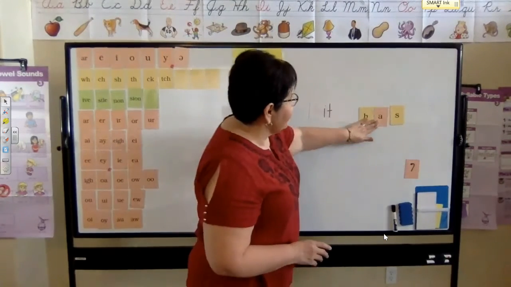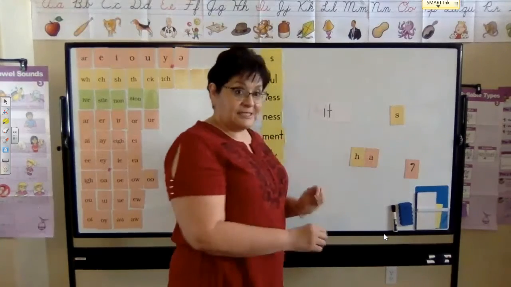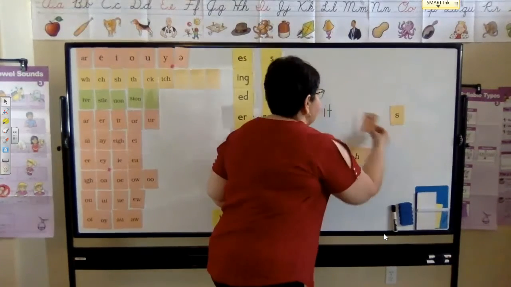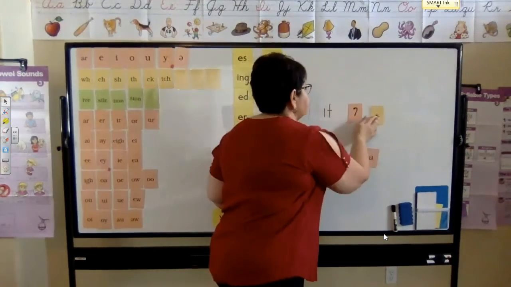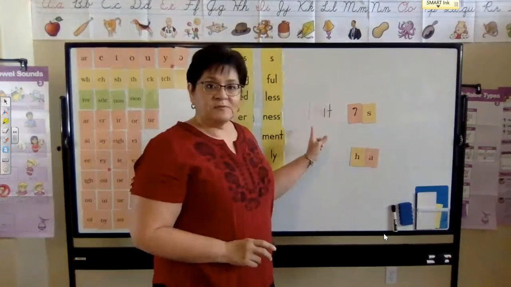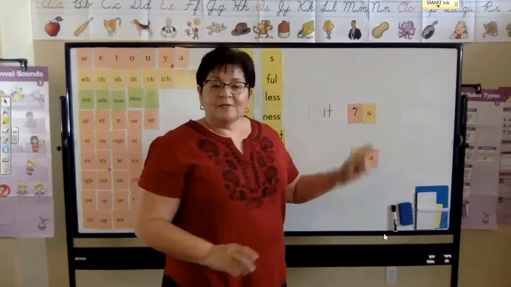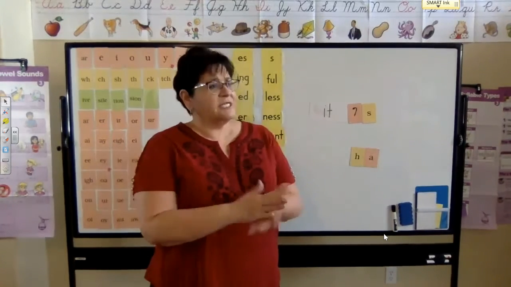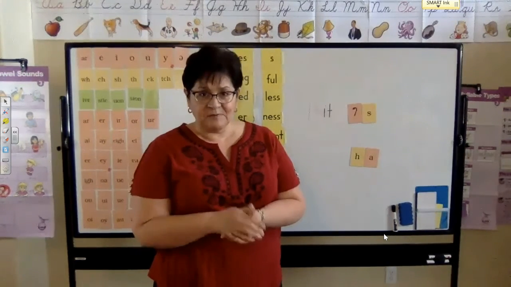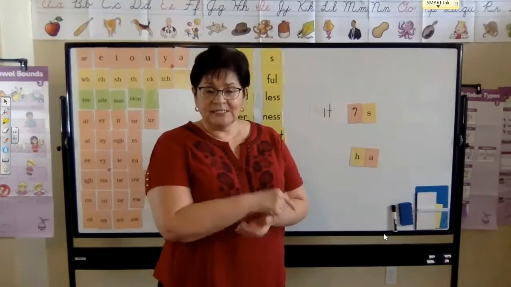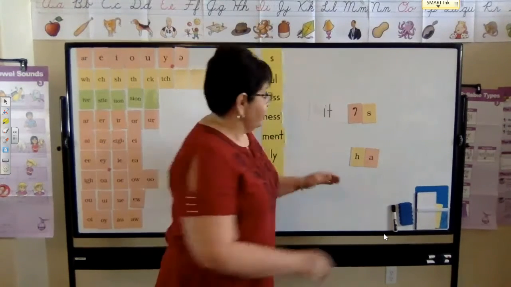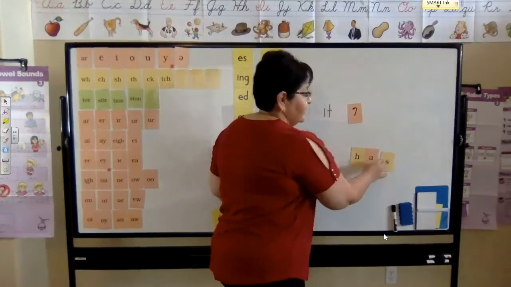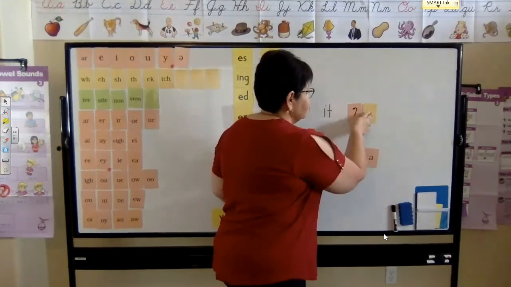I'm going to take away the H and the A, replace it with my apostrophe, scoot over that S. Now I have this one, it's. But if you'll remember the other day when we were doing this, we had it's, but it was it is. It is time to play on the playground. But this one came from it has, it's.